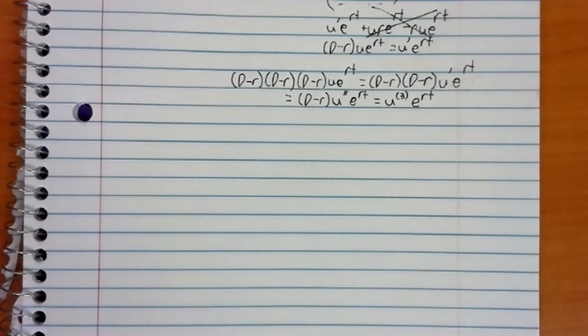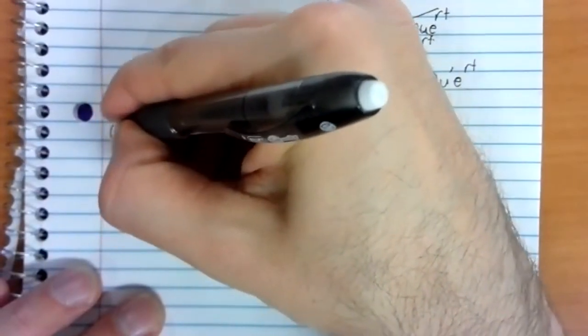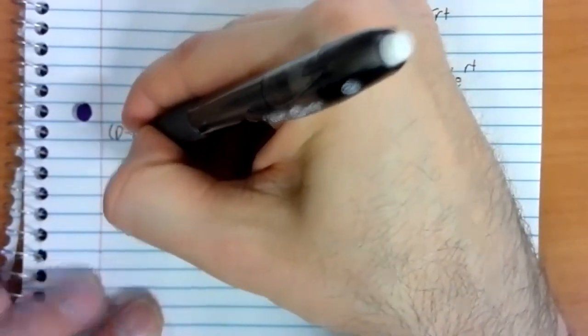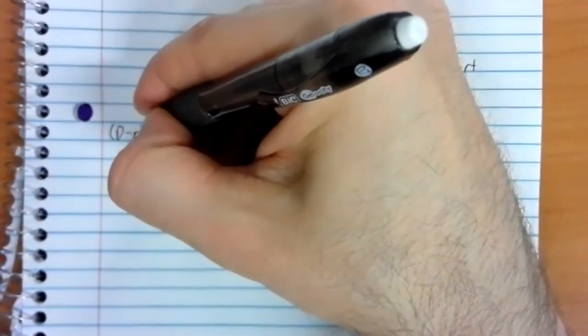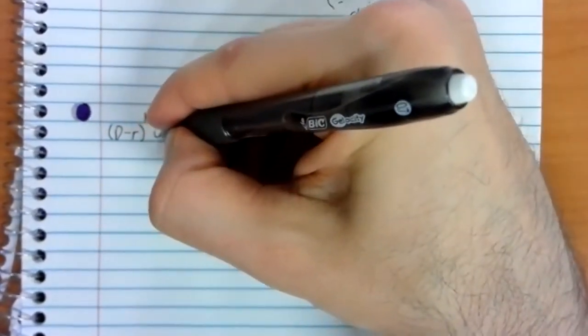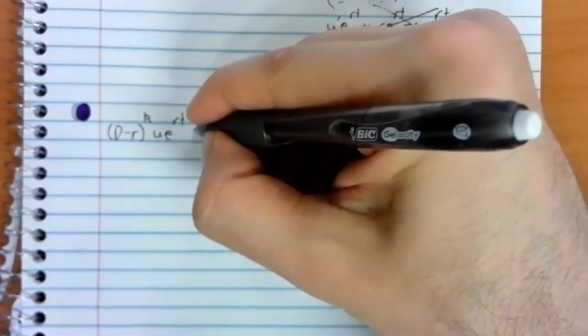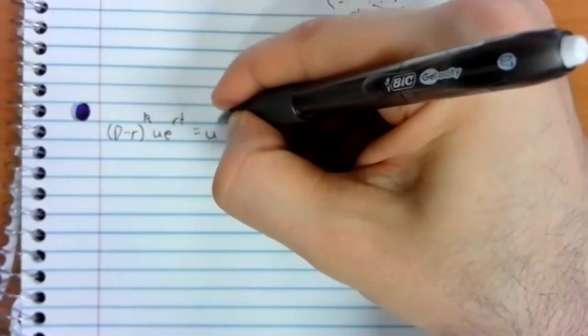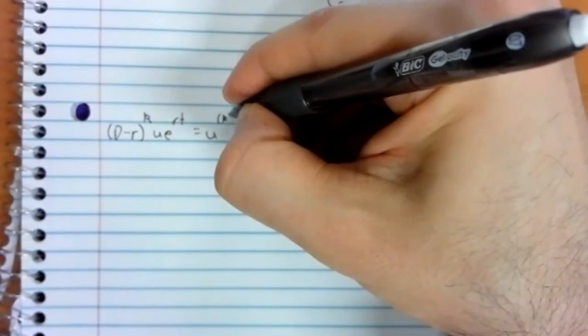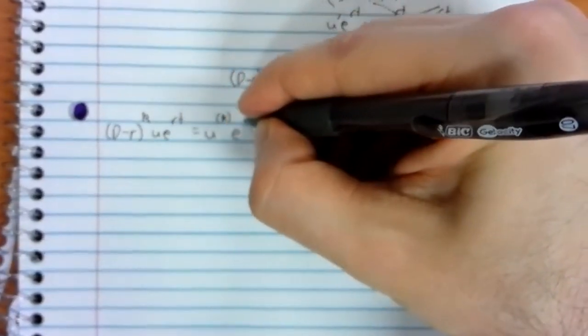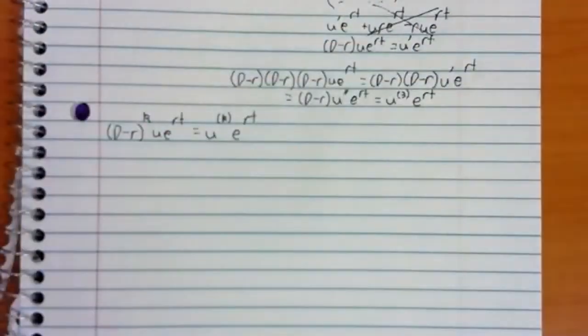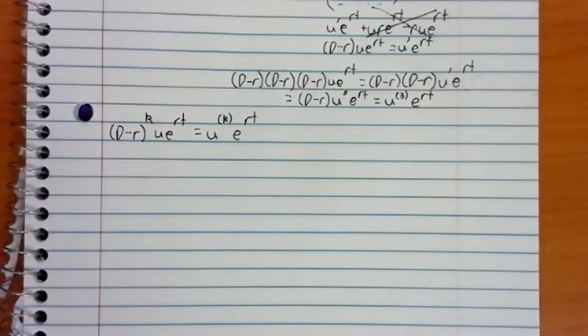Leaving this example and going back to the general case, (D minus r) to the power of k applied to u e to the rt is the kth derivative of u times e to the rt.